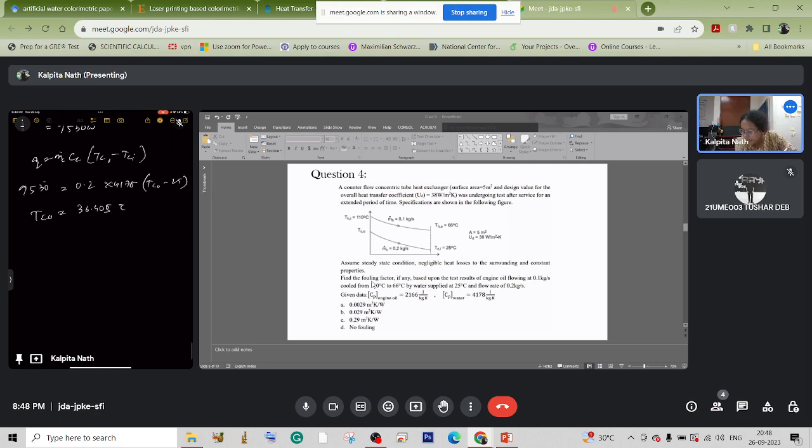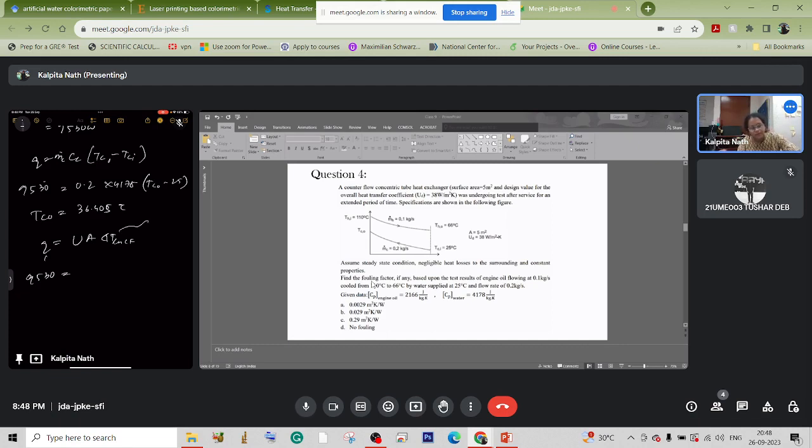Right. Now the rate equation is Q equals U A delta T_lm, counterflow. First we have to check whether a fouling factor is necessary here or not. The heat rate will be the same, 9530 watt. First we need to calculate the log mean temperature difference.